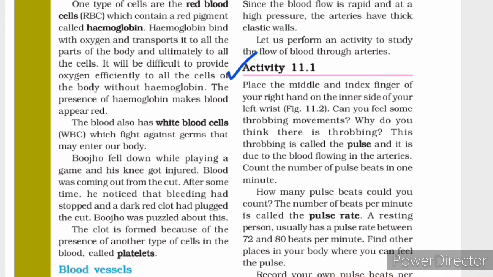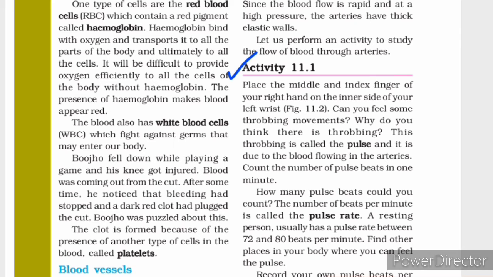Activity 11.1. Place the middle and index finger of your right hand on the inner side of your left wrist. Can you feel some throbbing movements? Why do you think there is throbbing? This throbbing is called the pulse and it is due to the blood flowing in the arteries.